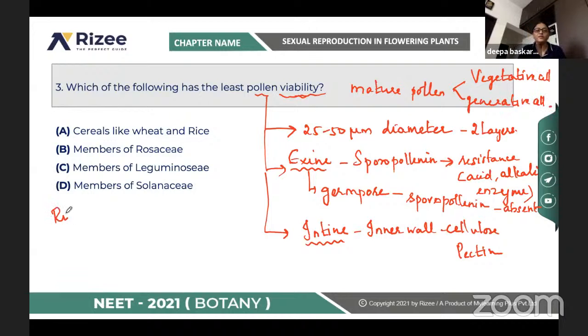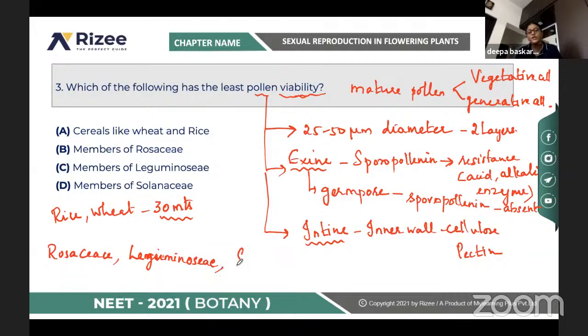Let us see the viability. Cereals like rice and wheat have just 30 minutes. After 30 minutes, they lose their capability of involvement in fertilization. Others, like Rosaceae, Leguminosae and Solanaceae, have viability for months.